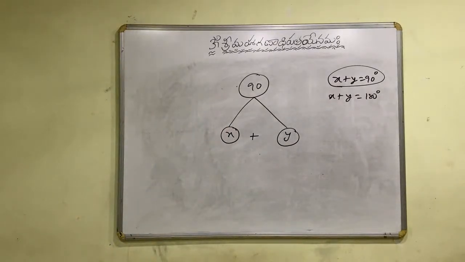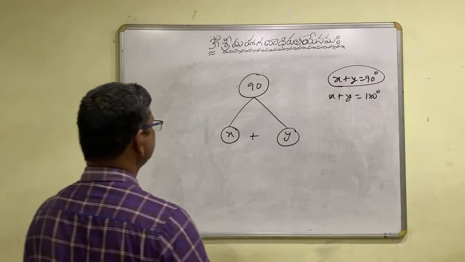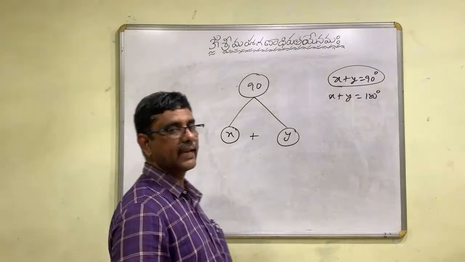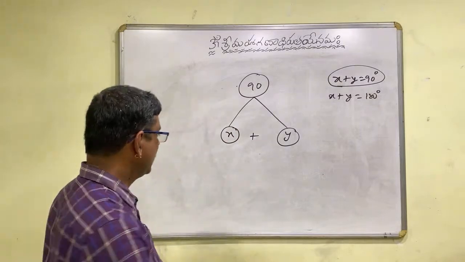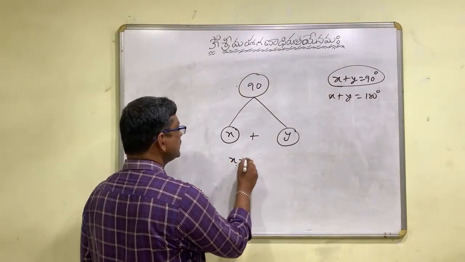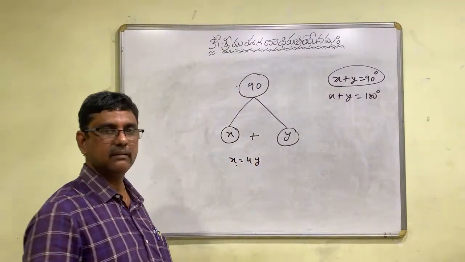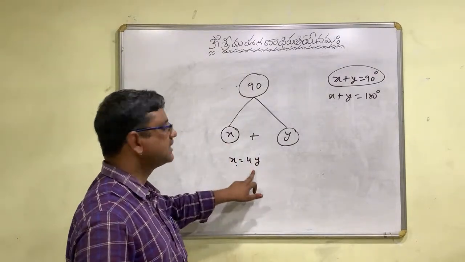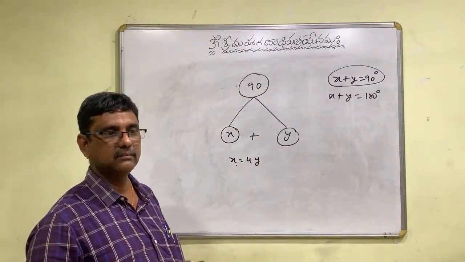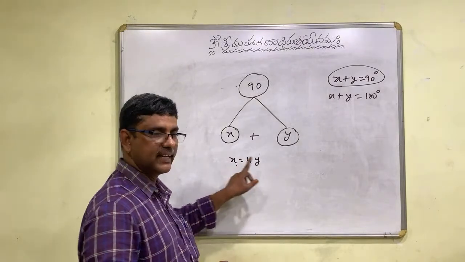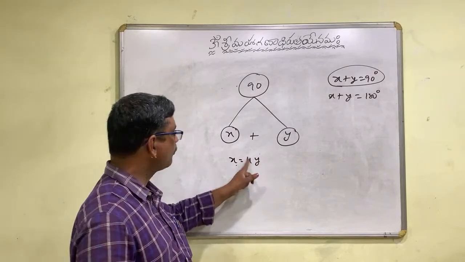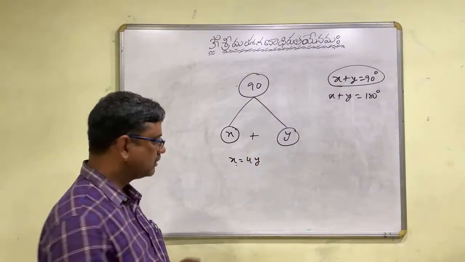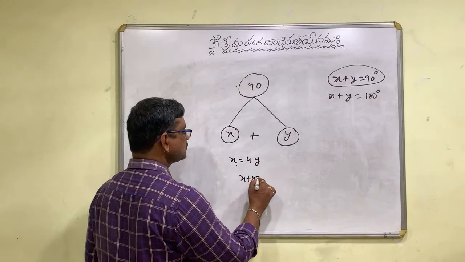Next, find the angle which is 4 times its complement. Let it be x. x is 4 times its complement. If x is the angle and y is its complement, and it is given that x is 4 times its complement, so x is equal to 4y. And we know that x plus y is 90.